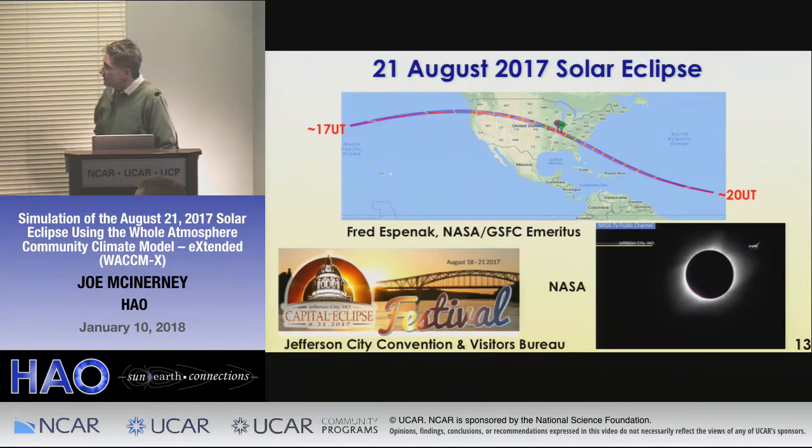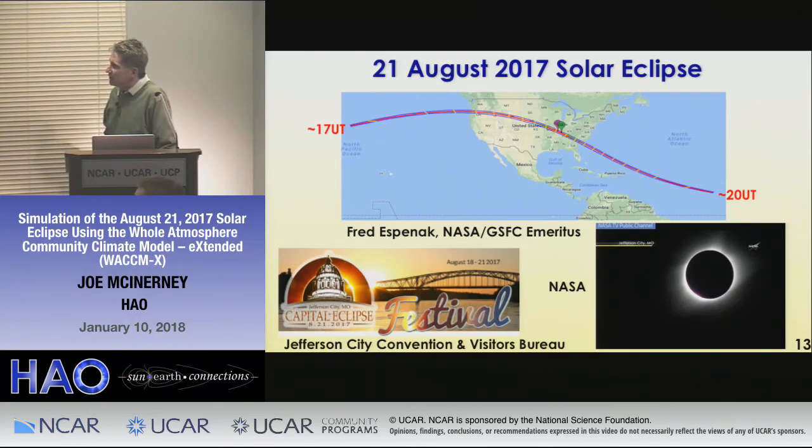The top is something that we've probably all seen. This is the path of the eclipse last year, 21st of August of last year, starting at 17 UT and going to 20 UT and going across the path of totality, going across the continental US. Everybody probably has some memory of where they were on this day.